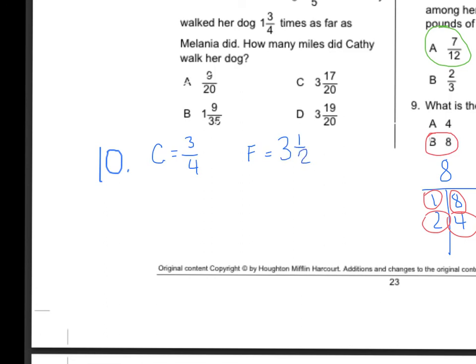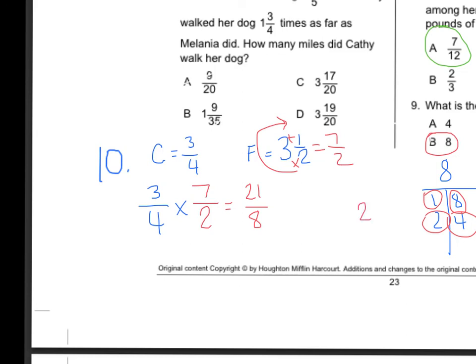We need to multiply those together. 3/4 times, now let's change this to a fraction. 2 times 3 is 6 plus 1, 7/2. And that equals 21/8. It's improper. How do we fix it?